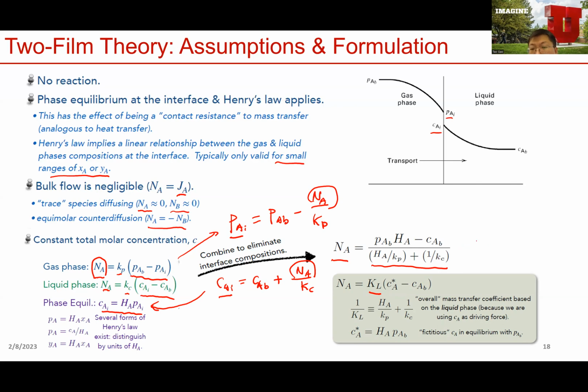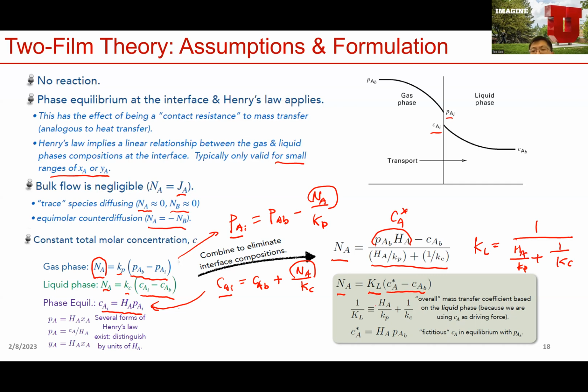If you define KL to be 1 divided by this whole term, then you define this to be CA star, you can simplify this equation to NA is proportional to this KL multiplied by a concentration difference. That's a similar form to what we use to compute mass flux using a mass transfer coefficient.